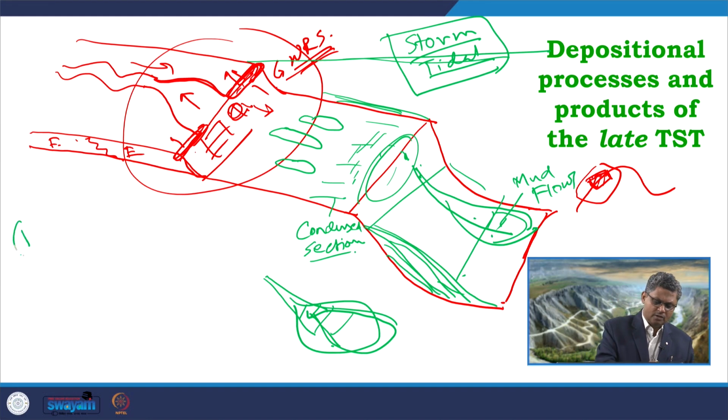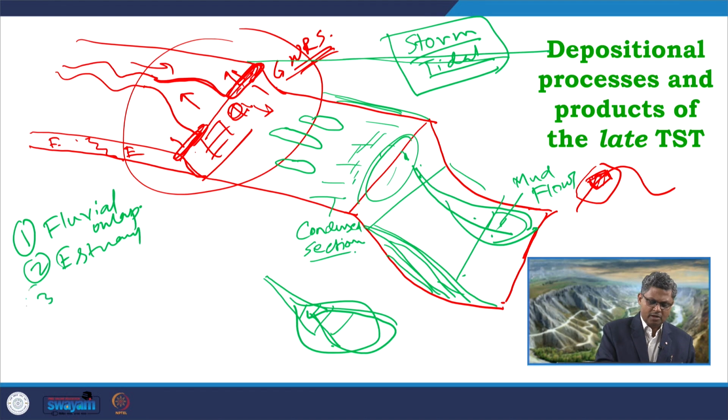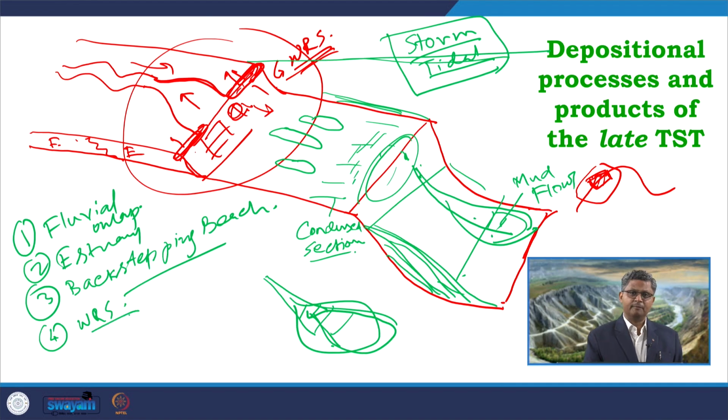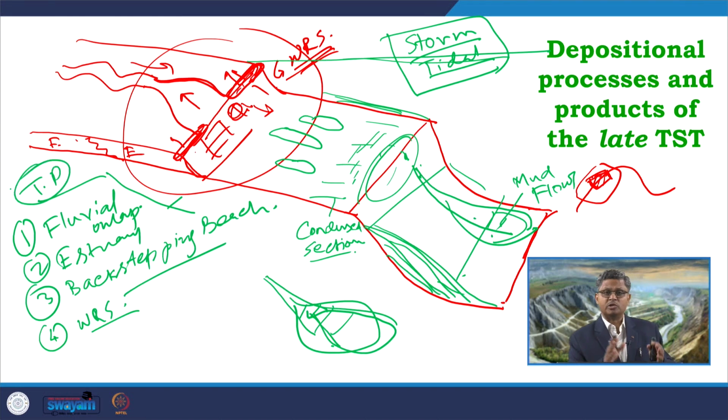Number 1 is fluvial onlap, number 2 well developed estuary, number 3 well developed backstepping beach system, and we can have wave ravagement surfaces which may form over here. So, these 3 together will form the transgressive prism which will be present during this late phase of TST.